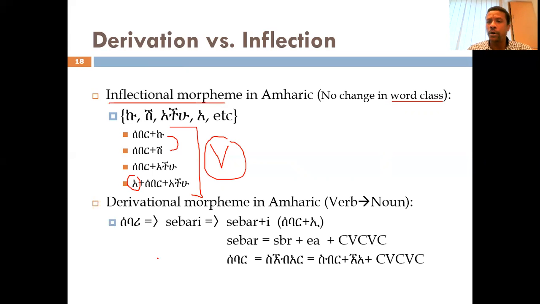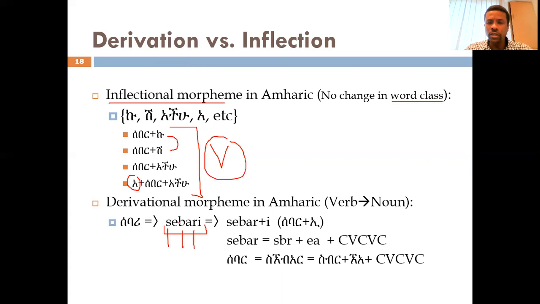If you remember, we talked about infixes. What we call infixes are vowels that would be inserted within the consonants. For example, if you see the word sabari, as you can see, S, B, R are the roots. The main source of the meaning are the three consonants.